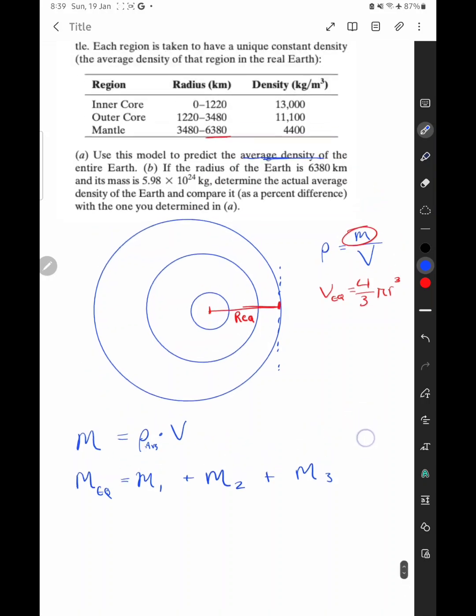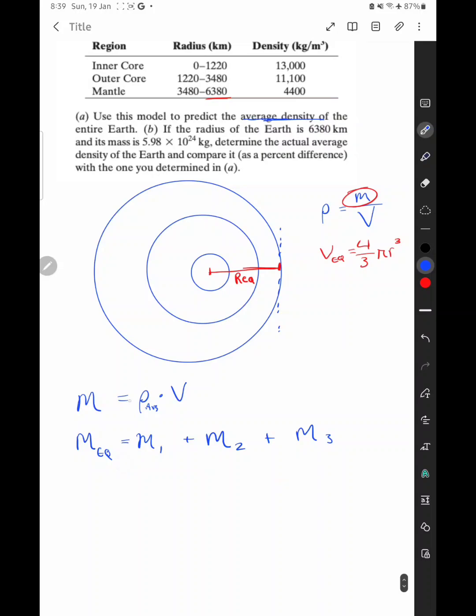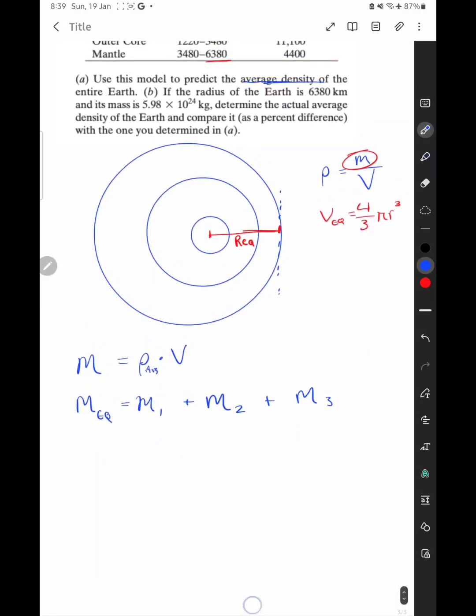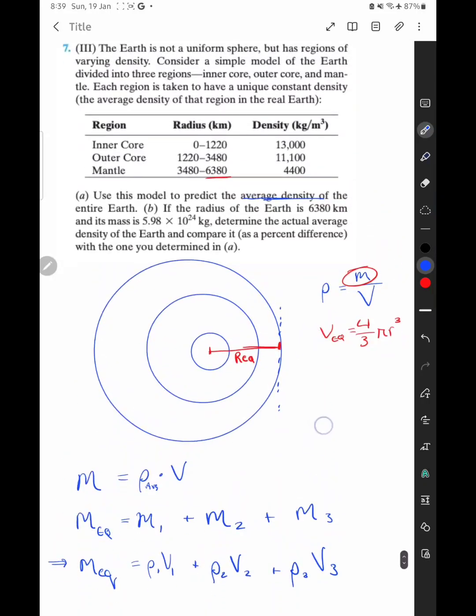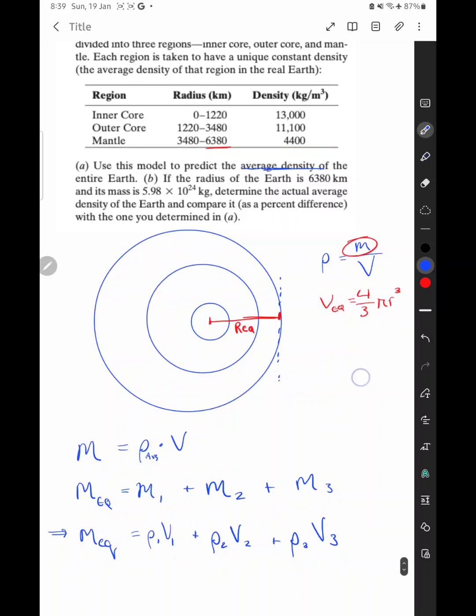Alright? And let's expand this out a bit more using this formula here. So that means that MEQ is going to be equal to rho 1 V1 plus rho 2 V2 plus rho 3 V3. And here, this radius that we're given is not okay.